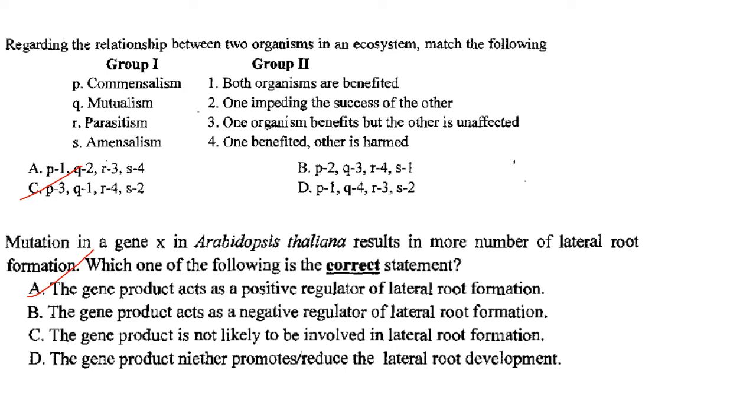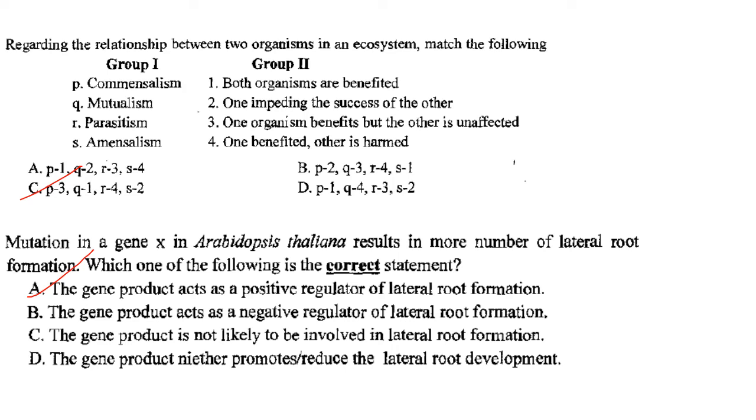Next one. Mutation in a gene X in Arabidopsis thaliana results in more number of lateral root formation. Which one of the following is the correct statement? The gene product acts as positive regulator of lateral root formation. That can be a correct statement. Okay, we'll see. The gene product acts as negative regulator. It doesn't act as negative regulator because you get more number of lateral roots. The gene product is most likely to be involved in lateral root formation.